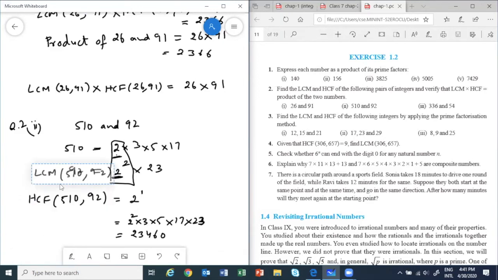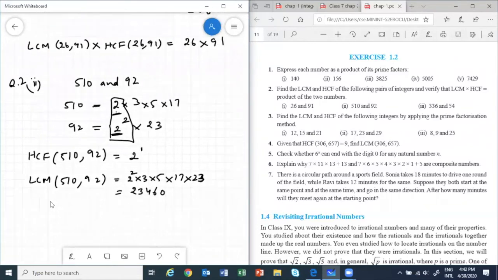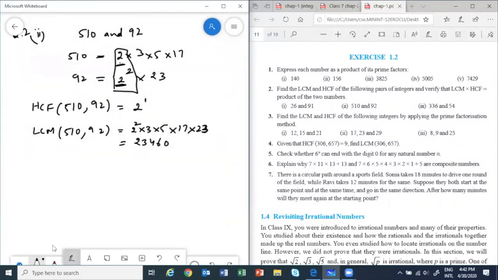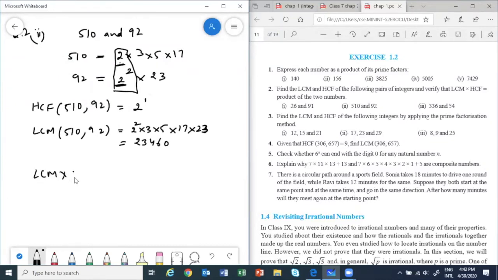Now you have to verify. Simply for verification, do LCM into HCF, which is 2 into 23460, and find 510 into 92.